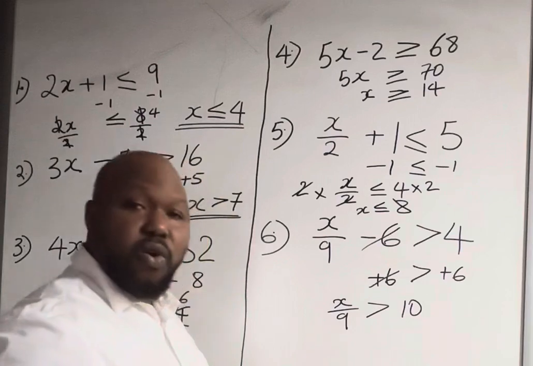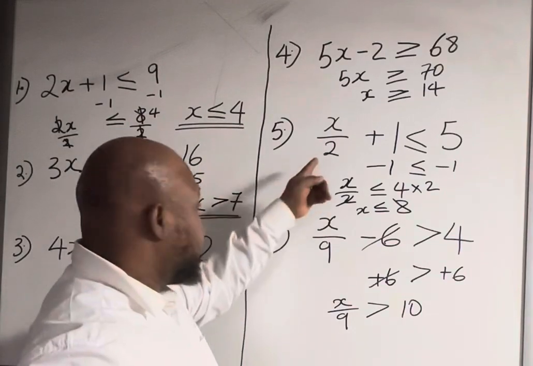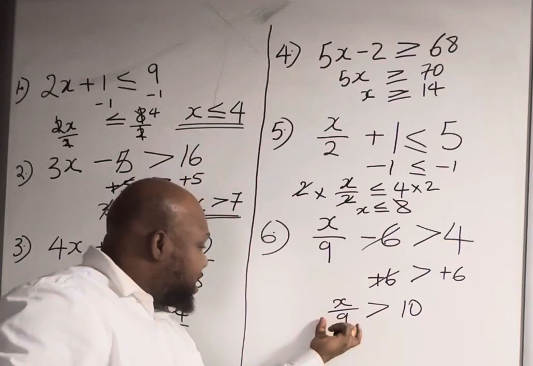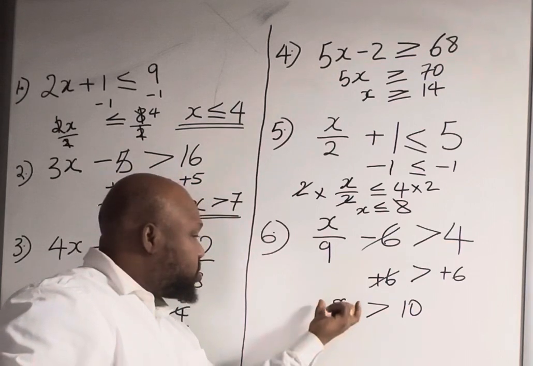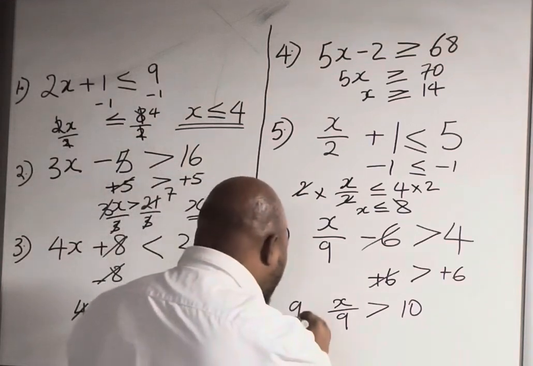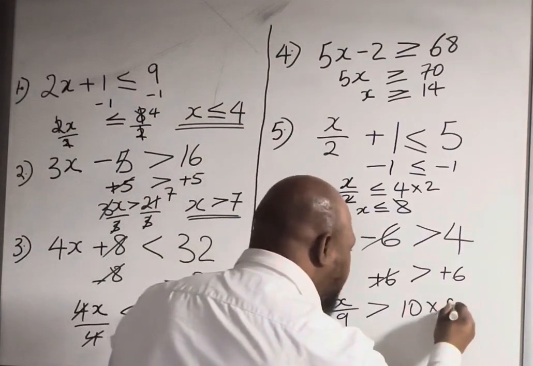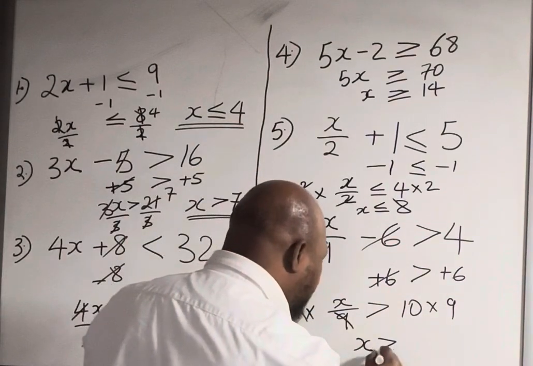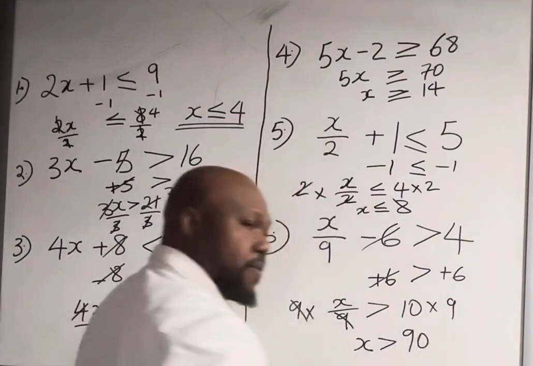So now, what do we do? Like the previous one, what number are we going to multiply this with so that we have only x here? 9. If you multiply this side by 9, you have to also multiply the other side by 9. So 9 will go into 9, x is greater than 90.